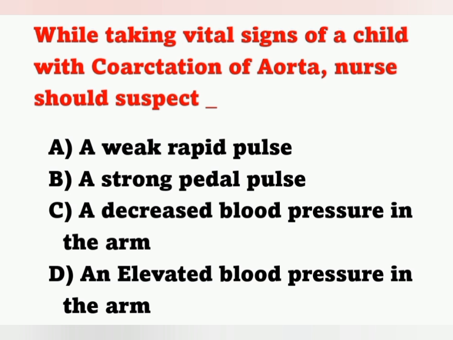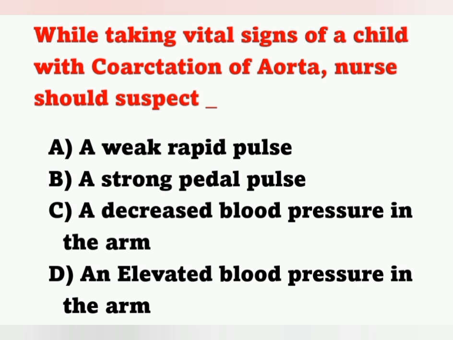Coarctation of aorta means narrowing of the aorta, usually occurs in the thoracic part, which may result in accumulation of blood above the constricted or narrowing part, so increased blood volume and pressure in the arm can be expected in this case, because narrowing most commonly occurs in the thoracic part, okay, and decreased blood volume and pressure can be noted in the legs.